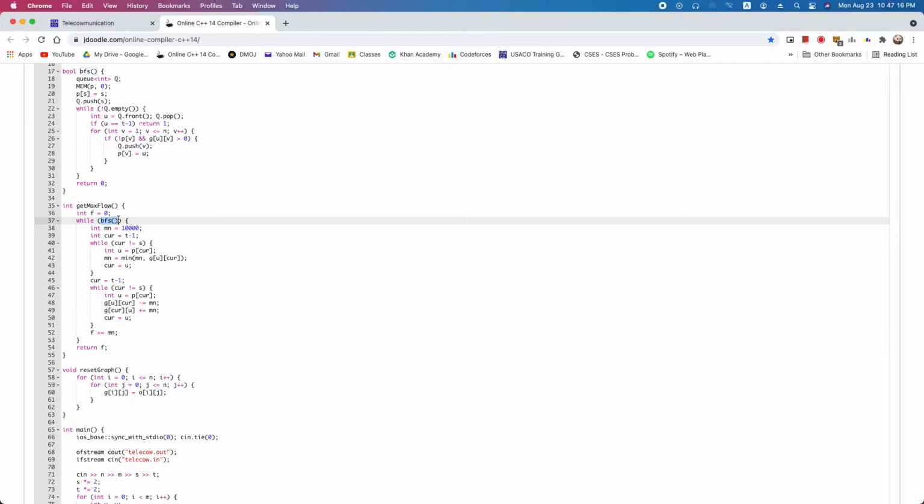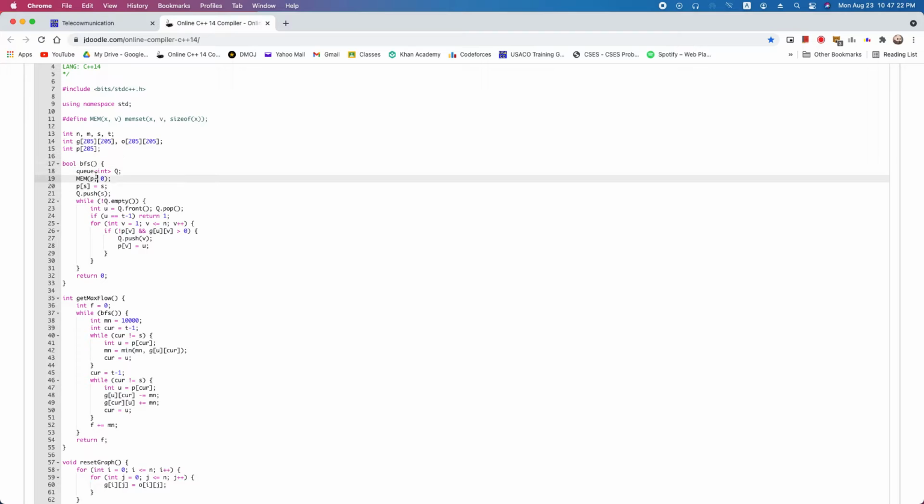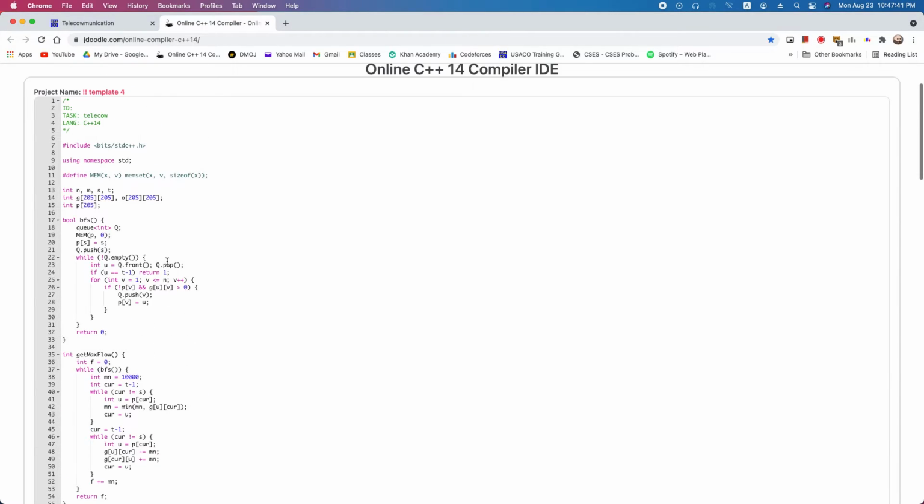So while there's still an edge from our starting node to the ending node, we will use BFS on that. This is basically a normal BFS, but here we need to keep track of the parents for each of the nodes. First we will push in our starting node, and we will get every node inside the queue. If this node is equal to t minus 1, or since I already multiplied this by 2 here, this is basically the same thing as t times 2 minus 1.